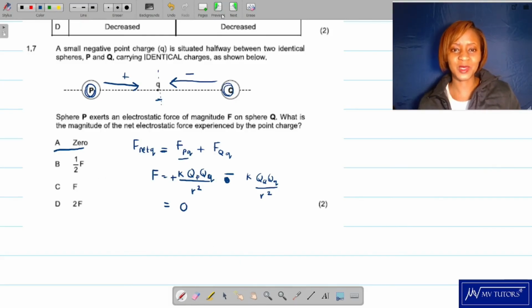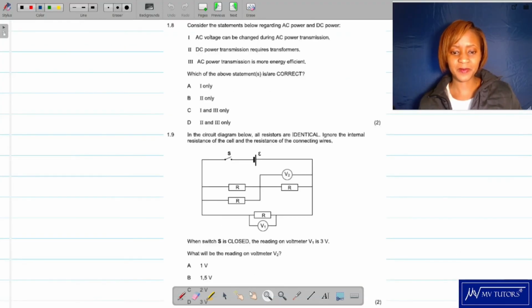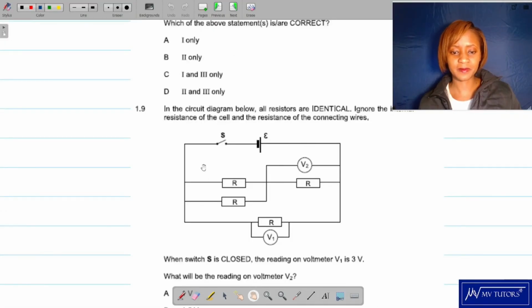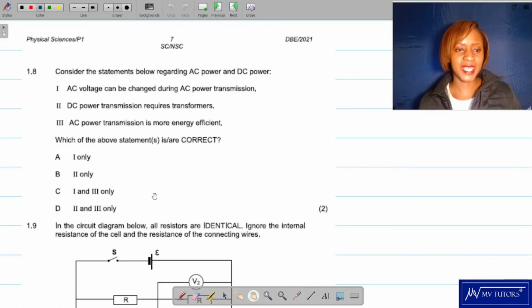Alrighty, I hope that was clear. 1.8. Okay, let us see. So now 1.8. Consider the statements below regarding AC power and DC power. So this is more of your theory that you need to read through. AC voltage can be changed during AC power transmission.